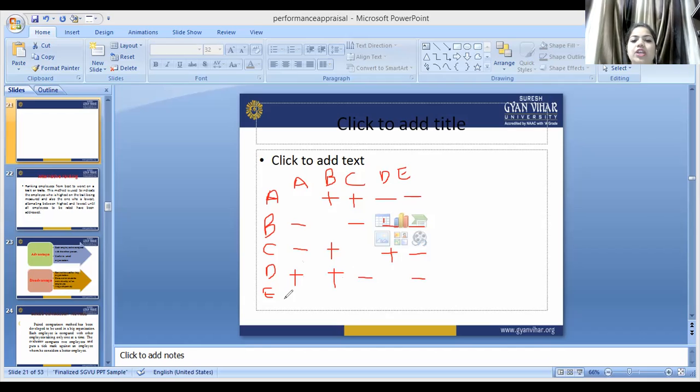If we compare E with the others, positive, and negative.